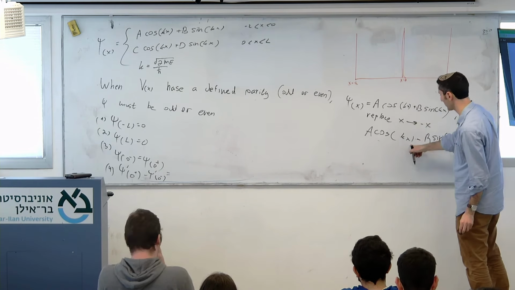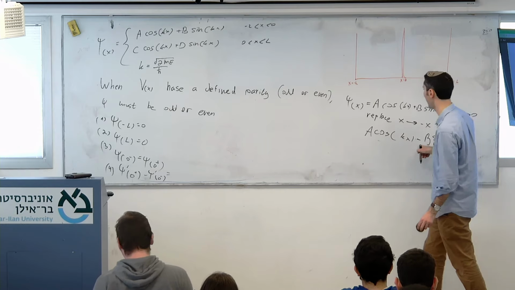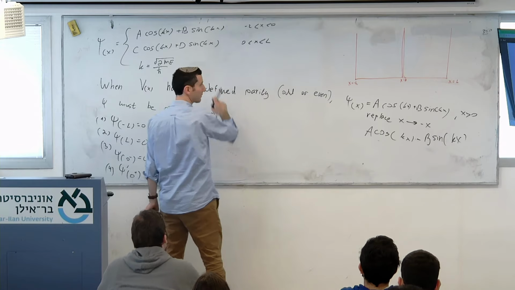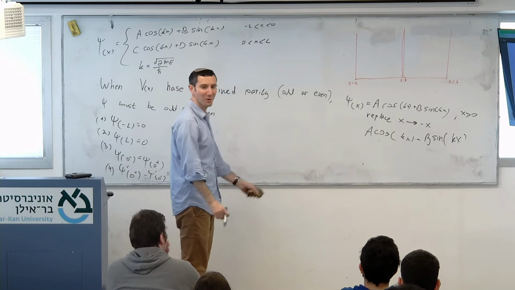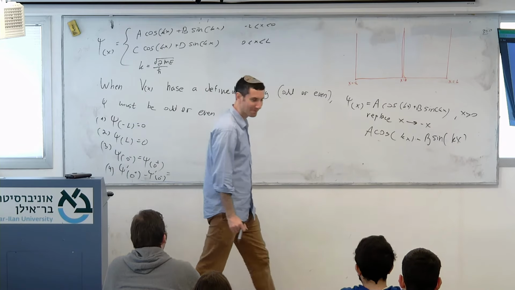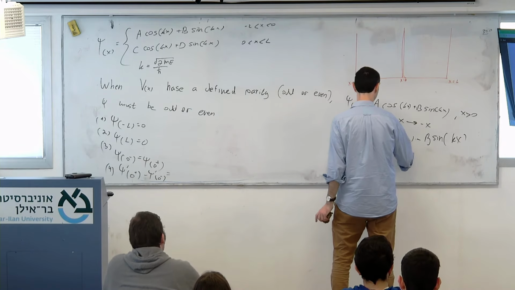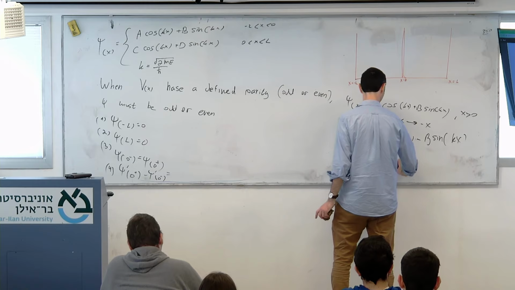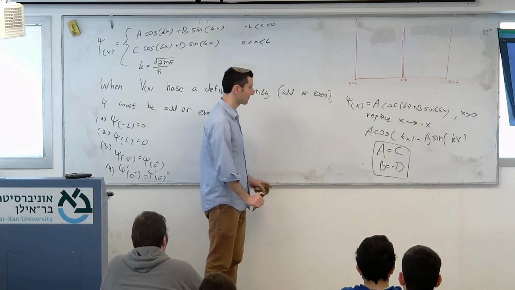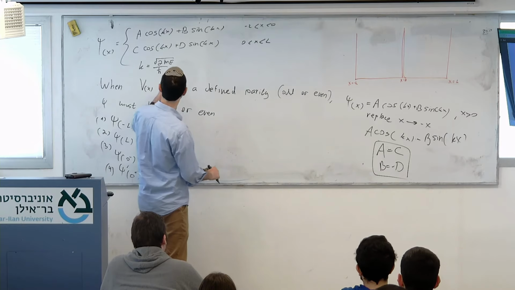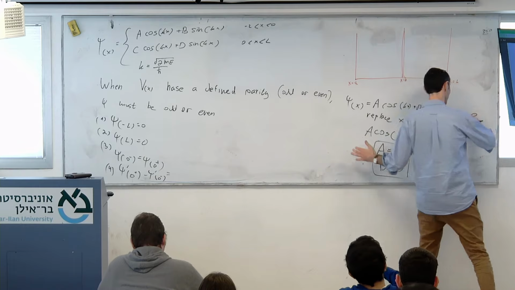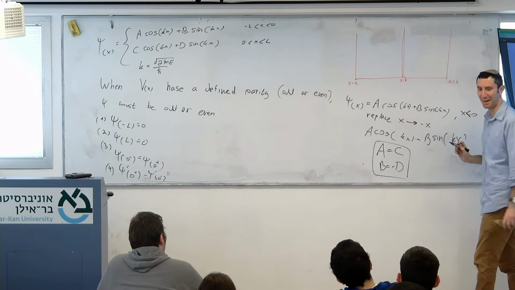If I want this to be equal to that, I made a mistake, I started with it. Whatever, you get the point. A is C and B is minus D. It's okay, all I need to do is this.